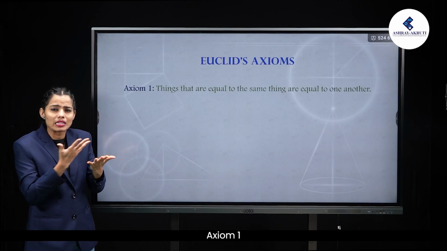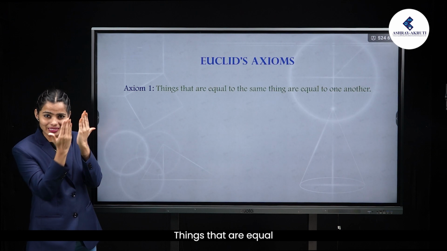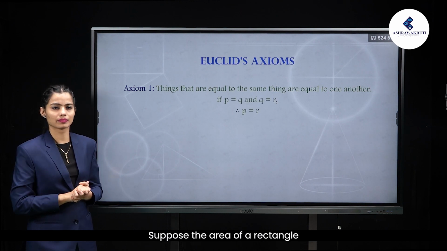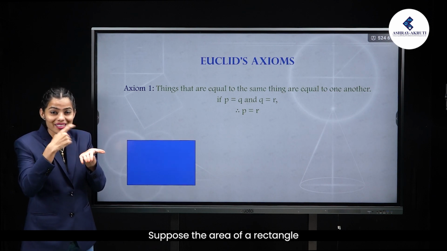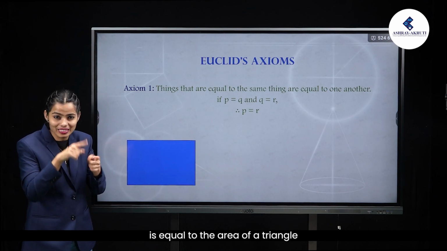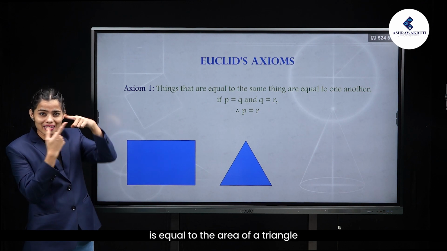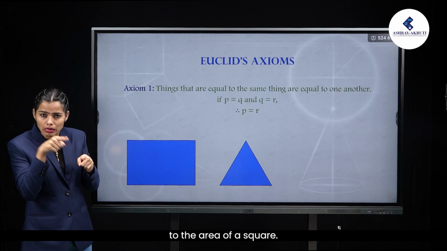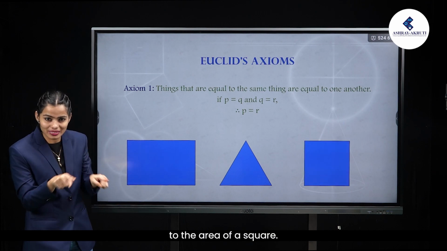Axiom 1. Things that are equal to the same thing are equal to one another. Suppose the area of a rectangle is equal to the area of a triangle, and the area of that triangle is equal to the area of a square.